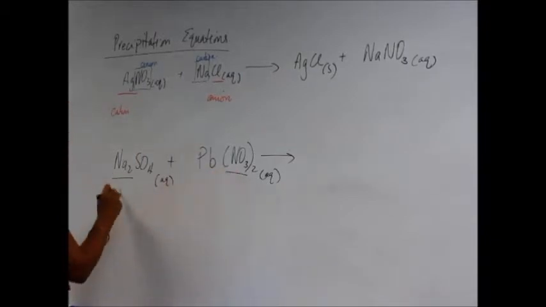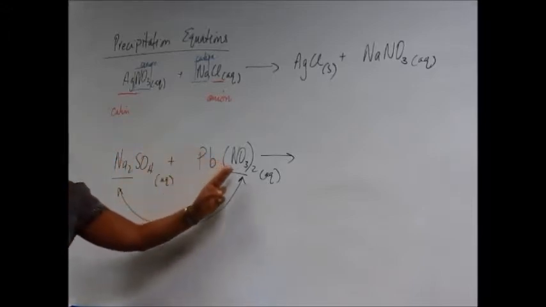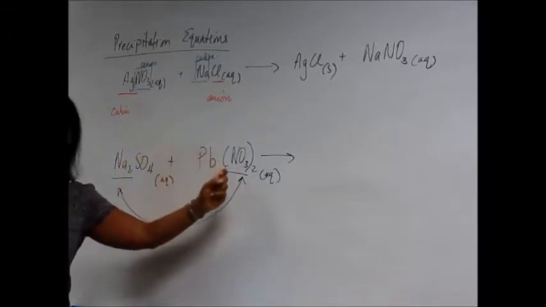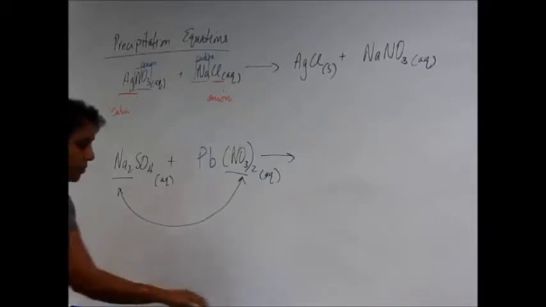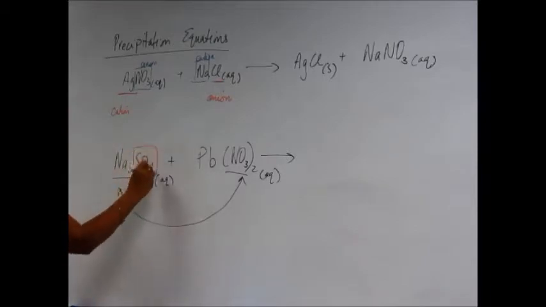Sodium will combine with nitrate, and lead will combine with sulfate: positive with negative, a cation and an anion, not two cations together. You will have the anion of one and the cation of the other. Please be careful.